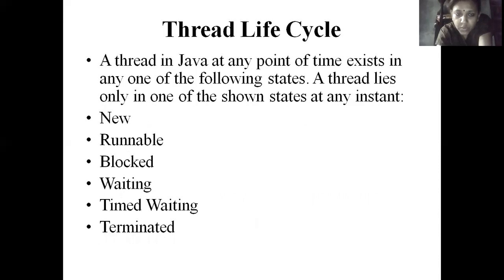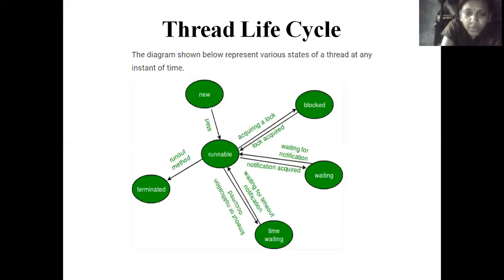Okay, so the thread life cycle: when a thread is generated, that is a new thread; when it's running, it's a runnable thread; it can be blocked, then it has its own waiting state, and then it's terminated. So you can see here, when a new thread is there, it starts to run. It then reaches the runnable state, then it's completed, then it's terminated.